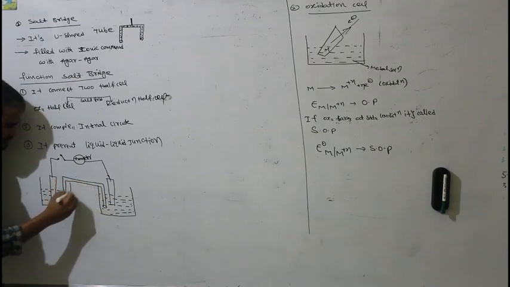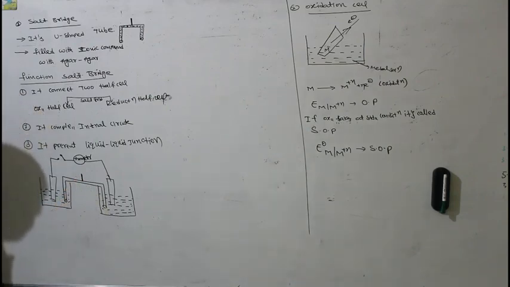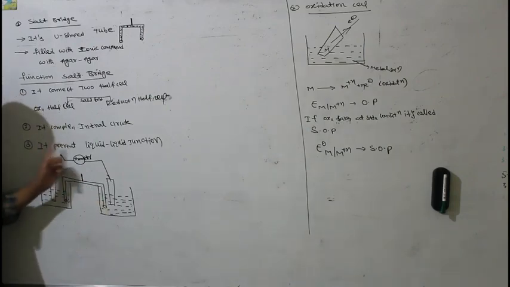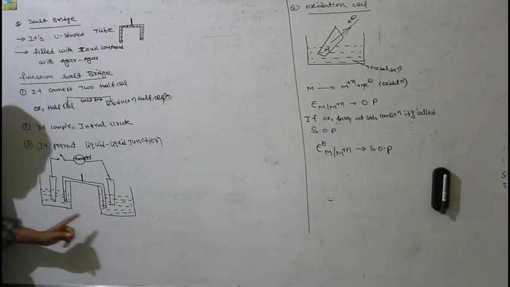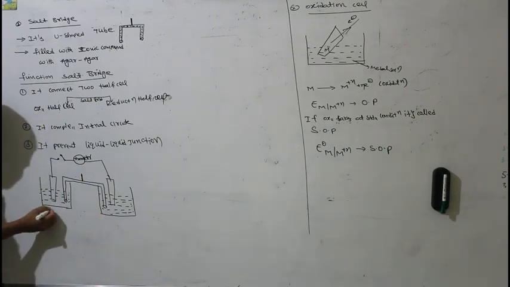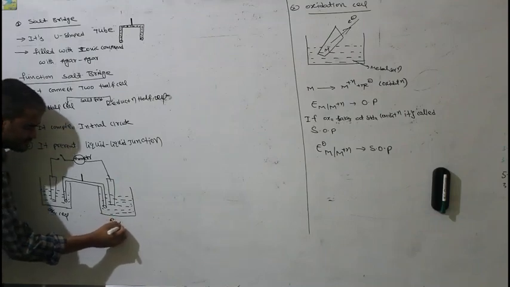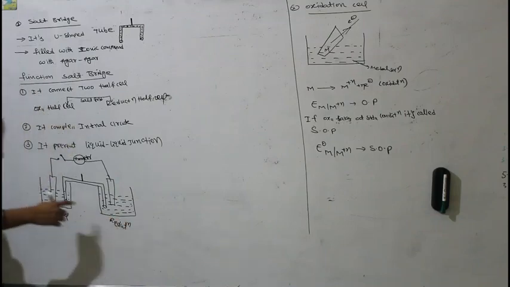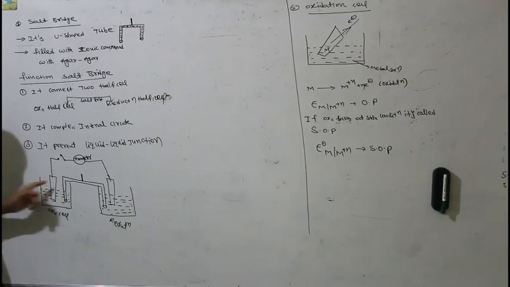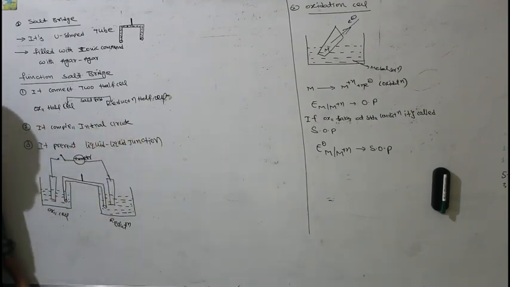Now what happened with the salt bridge? It completed the internal circuit and connected the half cells, the oxidation cell and the reduction cell. Both half cells are connected, the internal circuit is completed, and it prevents liquid-liquid junction.